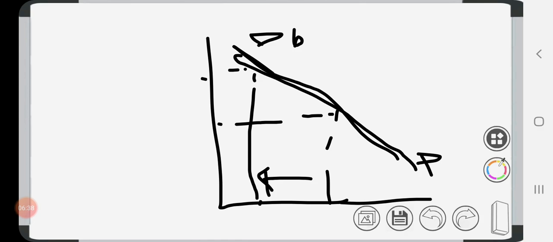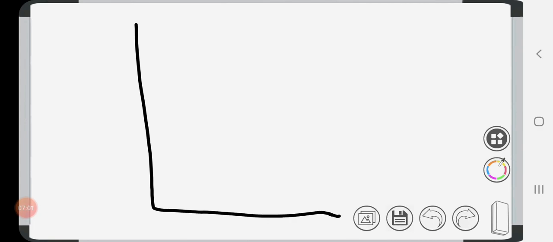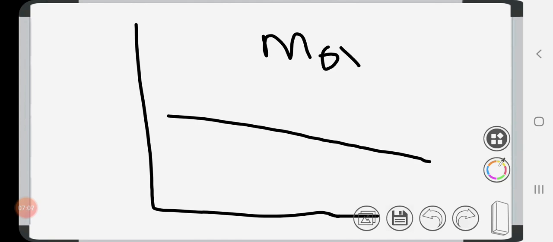So the slope, the steepness of this line will tell you how sensitive the demand is to the price, right? So this means that the flatter it is, the more sensitive.